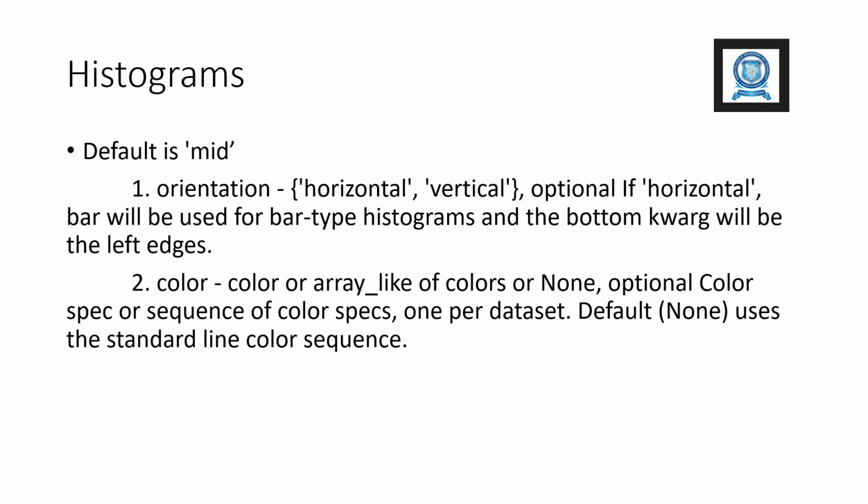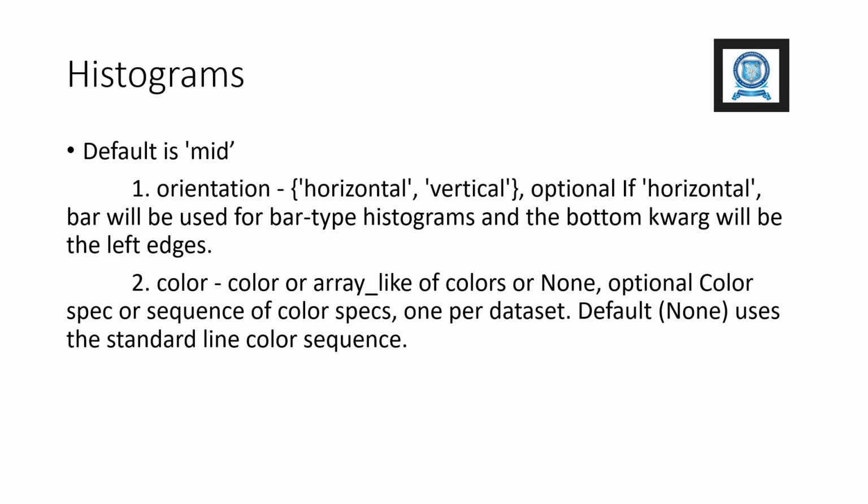Next one is orientation. This is also optional. It can take either horizontal or vertical values. If horizontal, barh will be used for bar type histograms and the bottom kwarg will be the left edges. And next one is color. Color or array-like of colors or None.